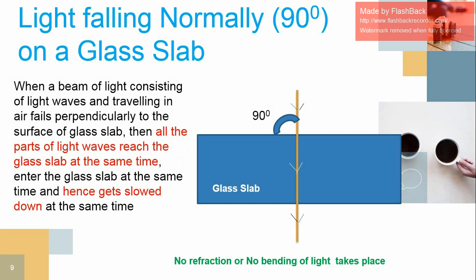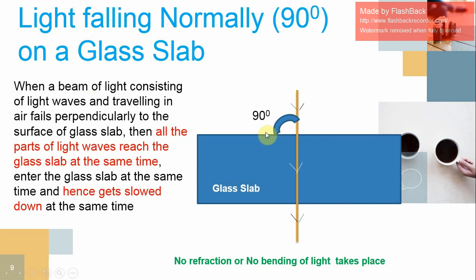Next case, light falling normally on the glass slab. Normally means at 90 degrees, perpendicular to the plane. This is a glass slab, and light travels this way, perpendicular to this plane.